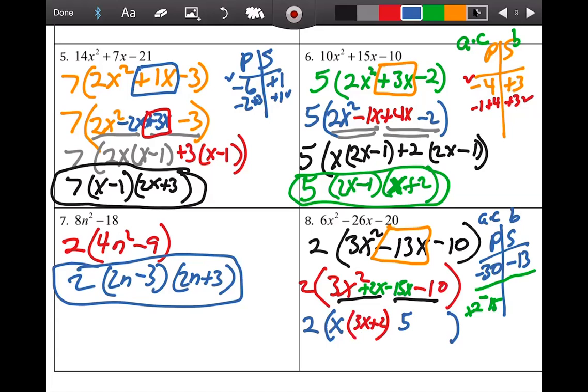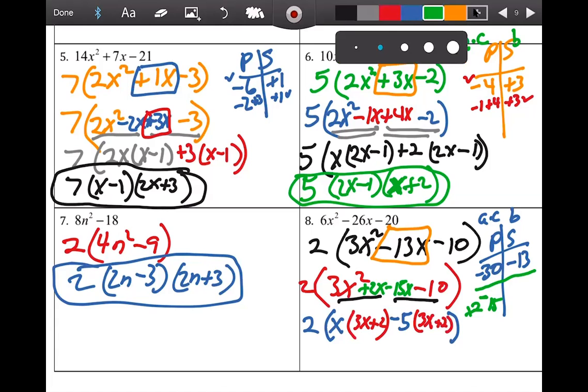Negative 5, yeah. So I'm going to pull the minus 5 out. So negative 15x divided by negative 5 is positive 3x. Minus 10 divided by minus 5 is plus 2. And that's exactly what I wanted, so that this and this are the same factor.